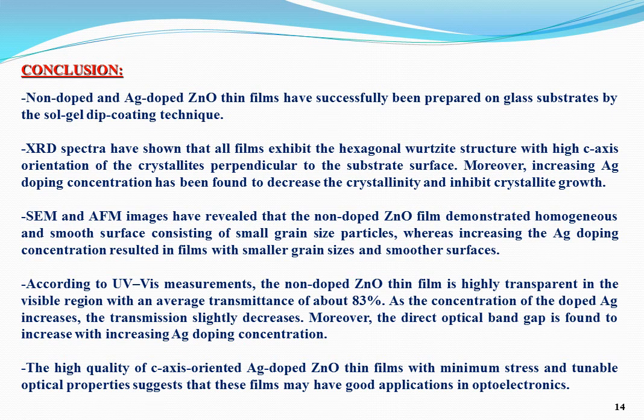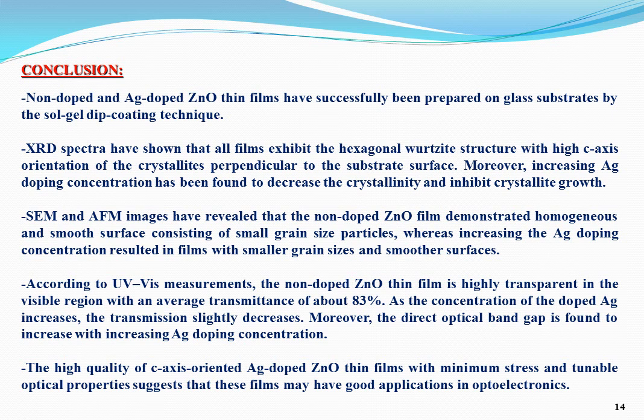Moreover, increasing silver doping concentration has been found to decrease the crystallinity and inhibit crystallite growth. SEM and AFM images have revealed that the non-doped zinc oxide film demonstrated a homogeneous and smooth surface consisting of small grain-sized particles, whereas increasing the silver doping concentration resulted in films with smaller grain size and smoother surfaces.